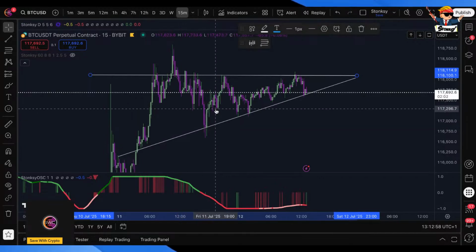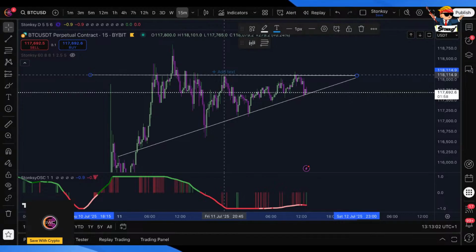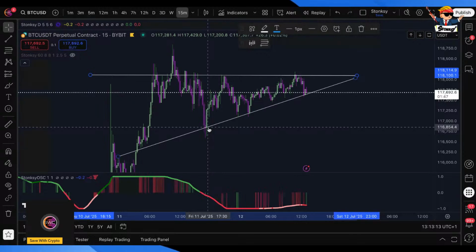So that pushes the price back up, but then when it gets up here, a lot of people have a sell price in mind, so they sell there, the price comes back down, and then this time they think, okay, we're not going to get it as low as last time while we're still in a bullish trend.